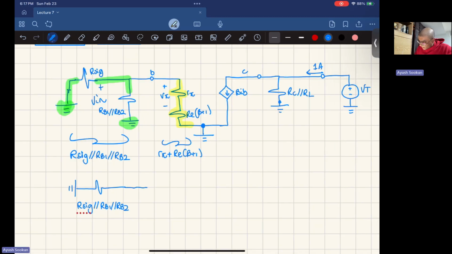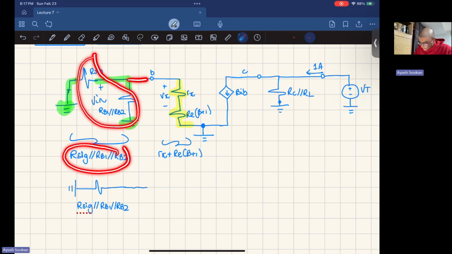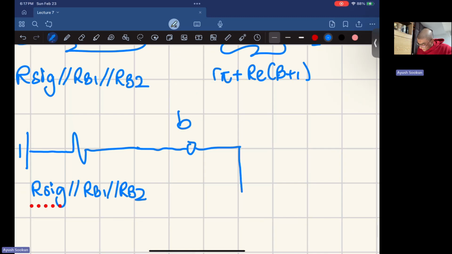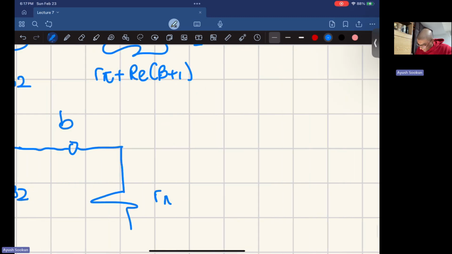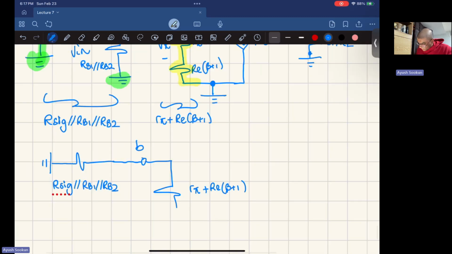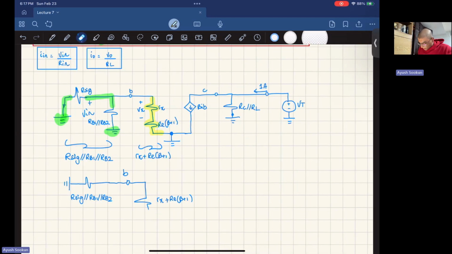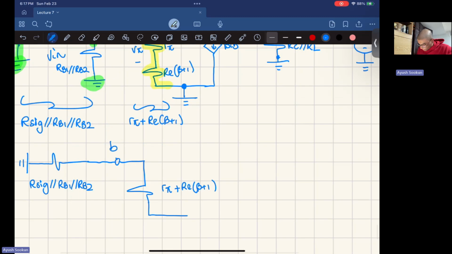Okay, so that's what I have so far. What I did here, I just replaced all of this by that, and then it's connected to the base. So here I have my base, and this base is connected to the series combination, R pi plus RE times beta plus 1, which is connected to ground, okay? Or I should draw it this way so it's a little bit more obvious.